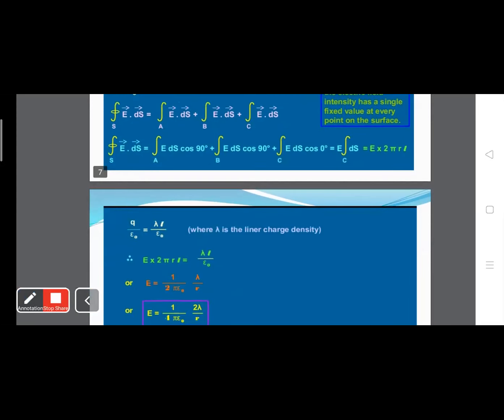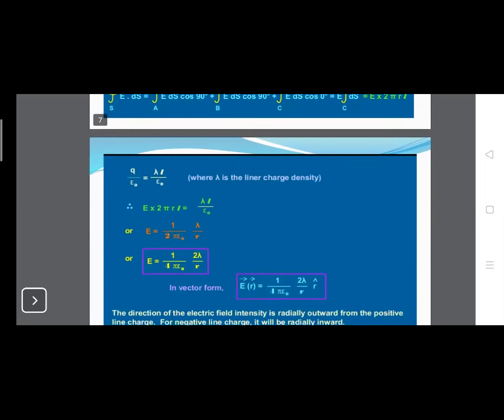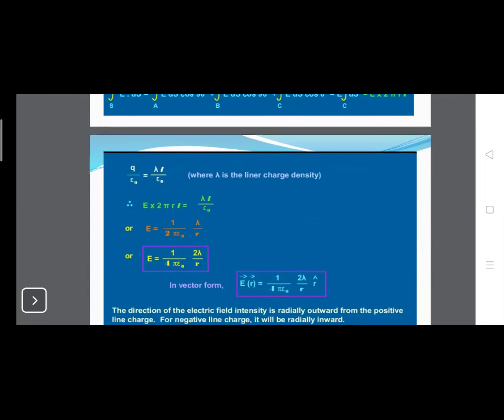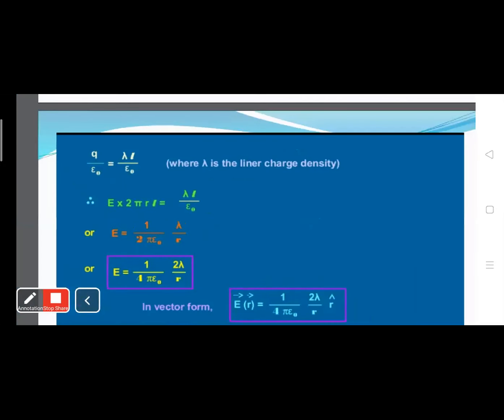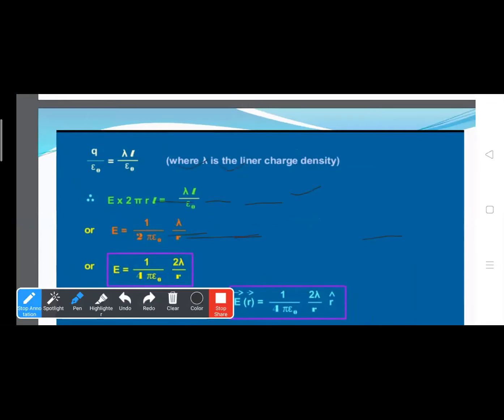Now from Gauss theorem, Q upon epsilon naught equals lambda L upon epsilon naught. Clear? Okay. So put this value in our equation: E into 2 pi R L equals lambda L upon epsilon naught.